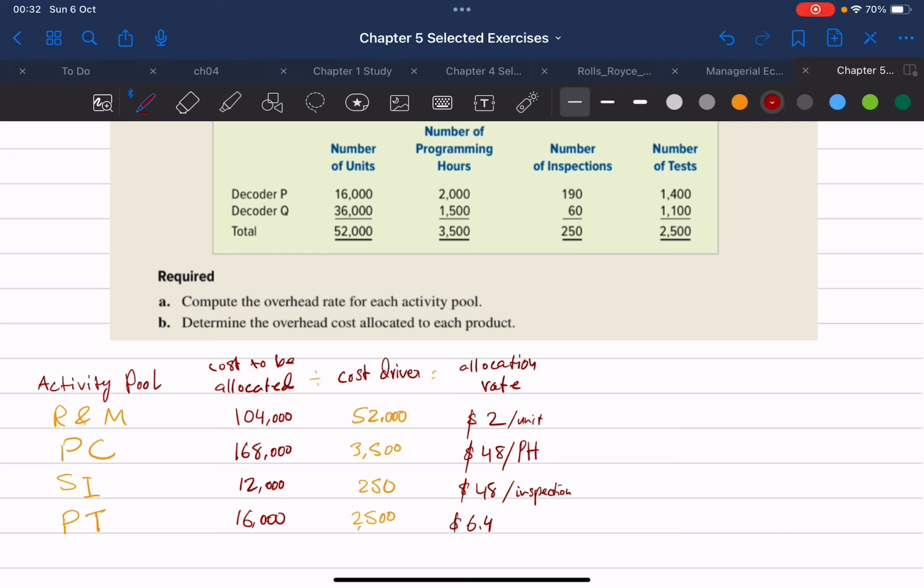So that's $6.4 per test. So these are our allocation rates. Now we can allocate the cost for each of the decoders. So we have decoder P, and we have decoder Q.